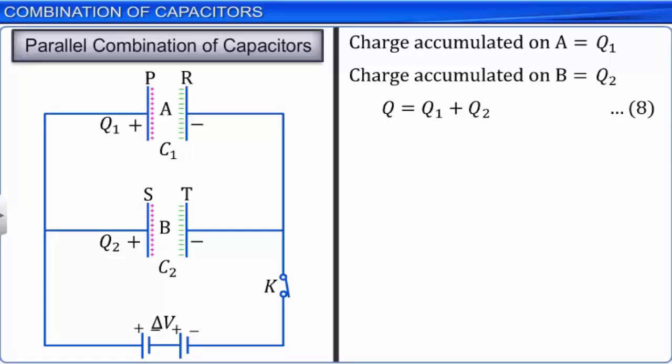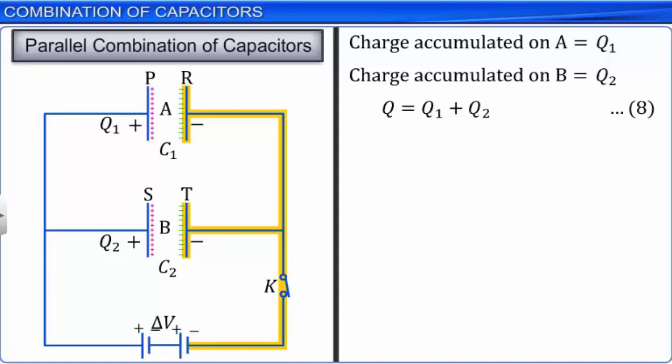As P and S are connected to the positive terminal of the battery, the potential at the plates is equal to the potential at the positive terminal of the battery. Similarly, the potential at the plates R and T is equal to the potential at the negative terminal of the battery.